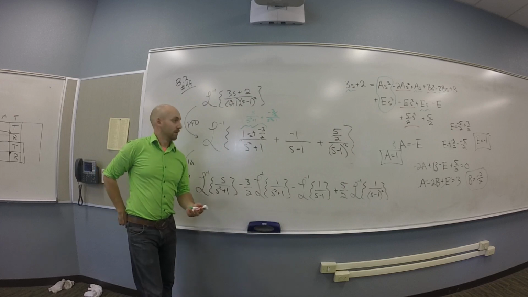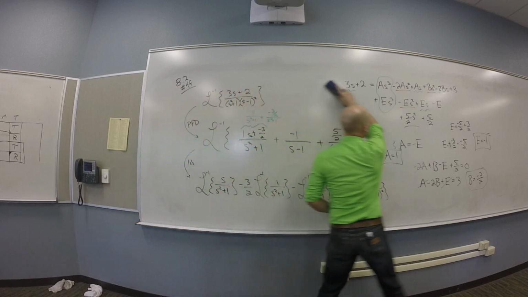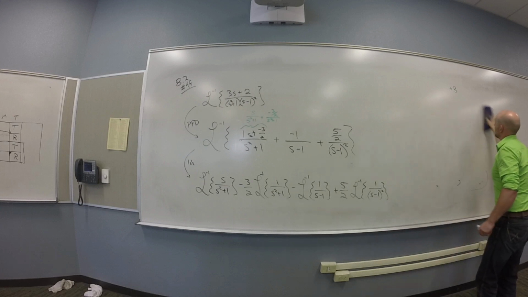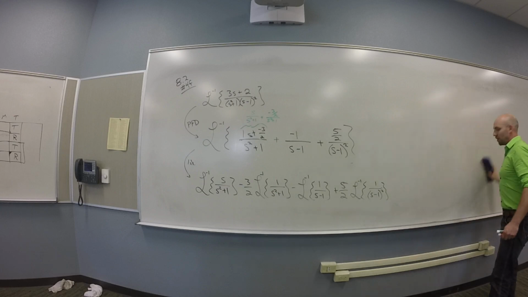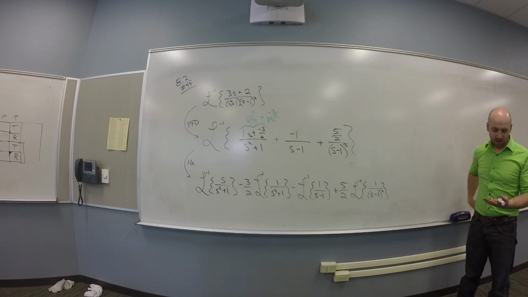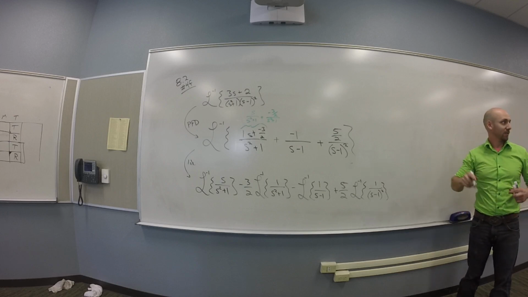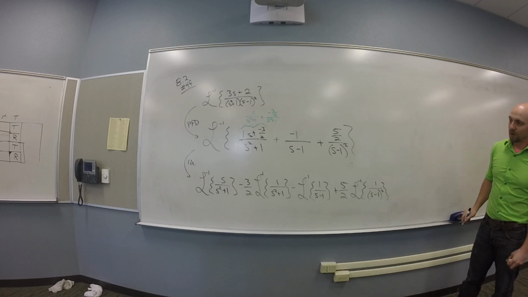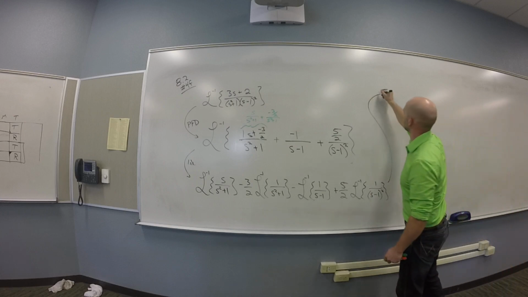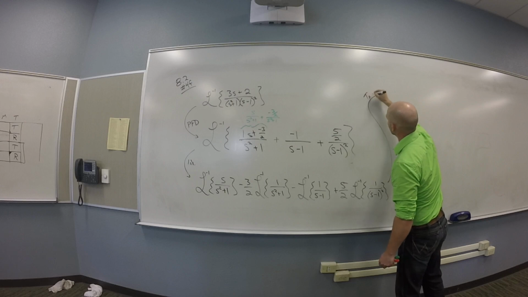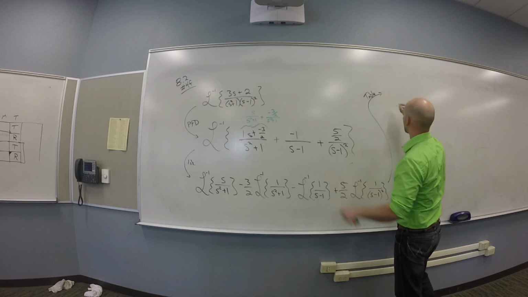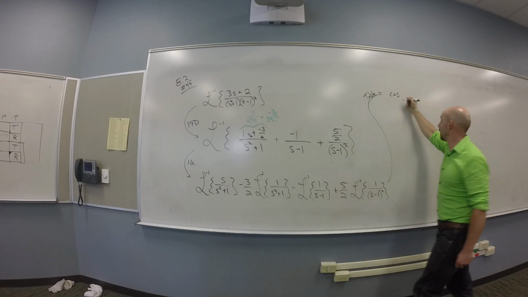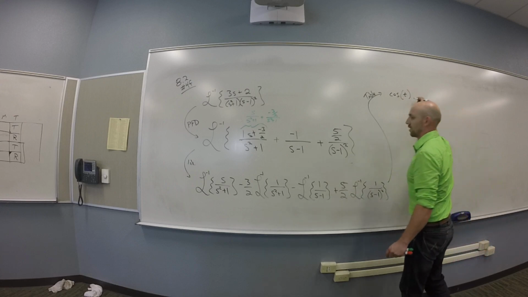Okay? And then you say to yourself, who needs partial fractions anymore? I'm done with that. Yeah, and then you say to yourself, self, I recognize most of these things. The first one is a table entry: cosine of t.